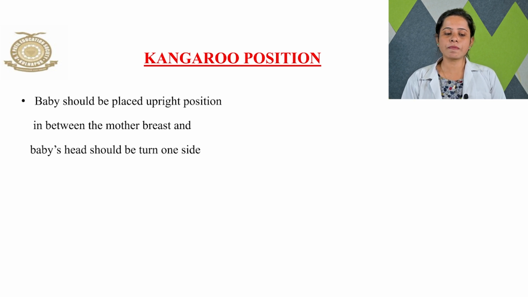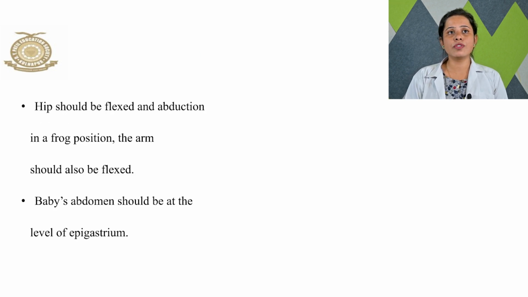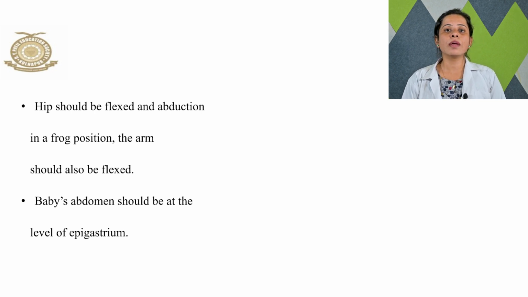Next, the baby's hip should be flexed and abducted in a frog position, and the arms should also be flexed. So we have to keep the baby like a frog between the two breasts of the mother.